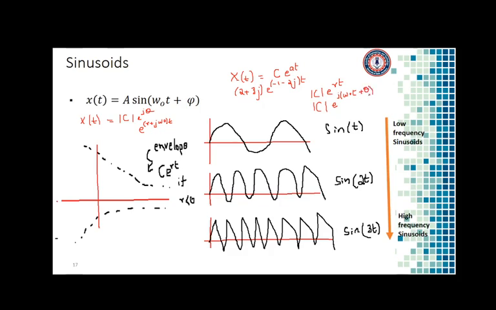And if I expand it with Euler's equation, then I can write it as absolute value of c e to power rt, and I can expand it as cos omega naught t plus theta plus j sine omega naught t plus theta.